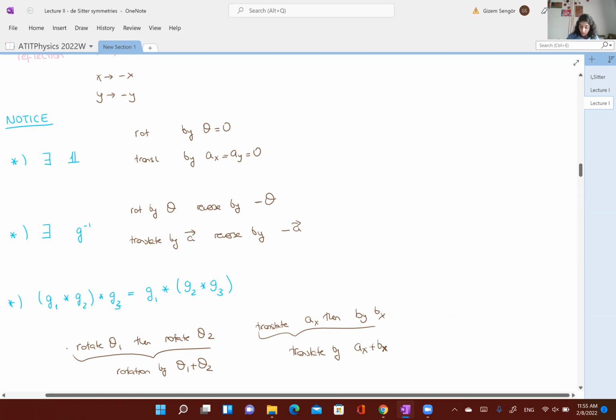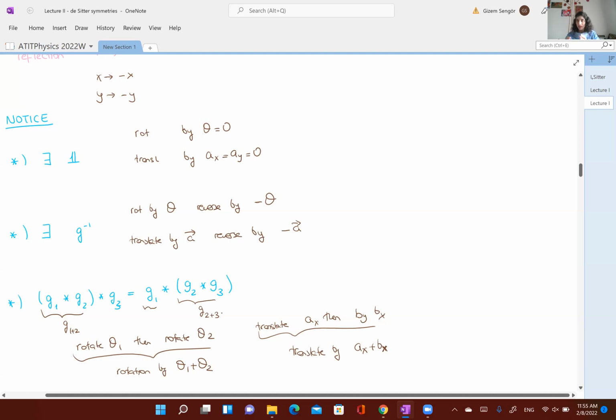So you can do more of these, 2, 3 of these. And the order matters, but you can group these differently. So you can first consider this as one transformation. So call this G1,2. And then you put the third transformation on top of this compound. Or you can just consider having started with this G1 transformation, whatever it was, and then apply on top of it the compound G2,3 translation.